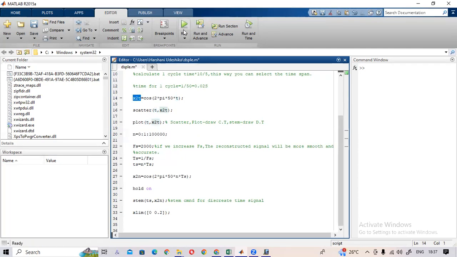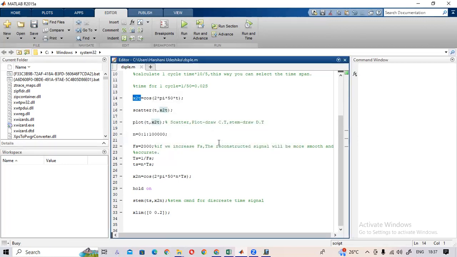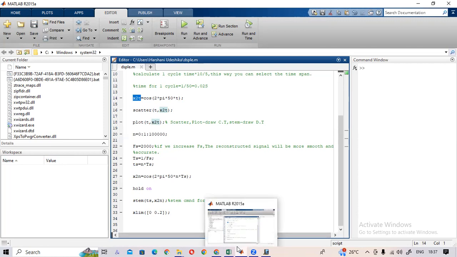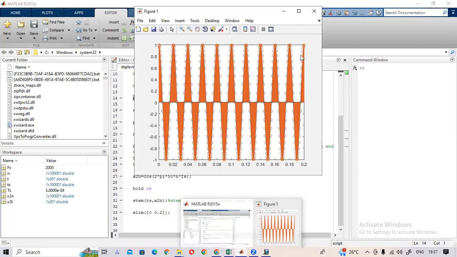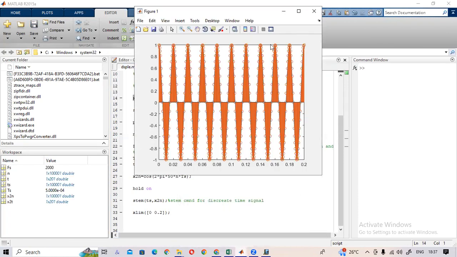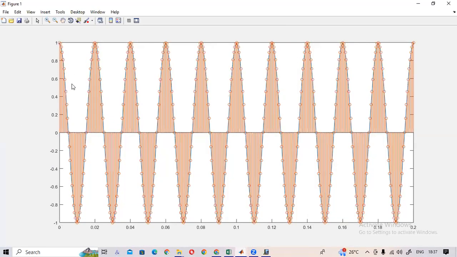Okay, so once you run this, okay, so you can see that we can get this kind of graph.